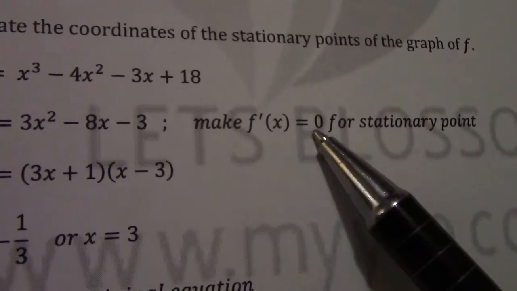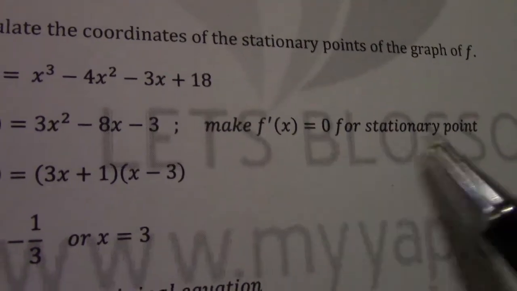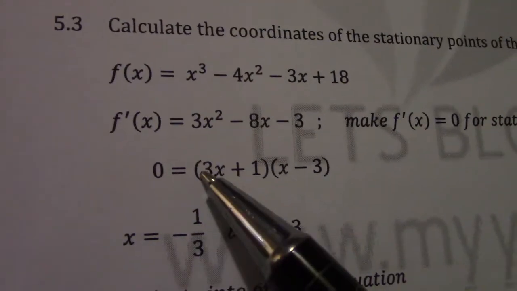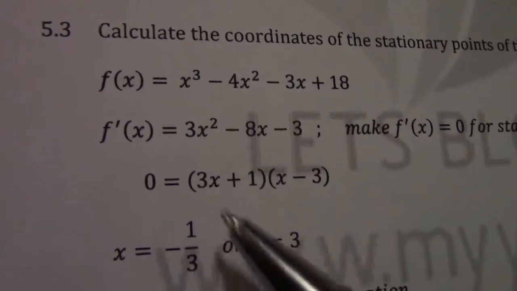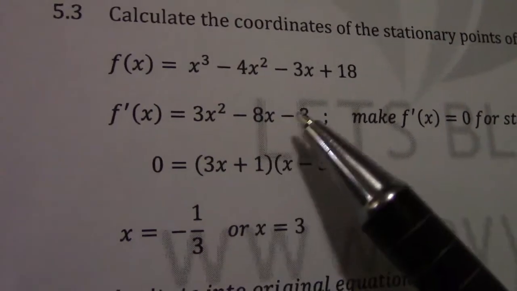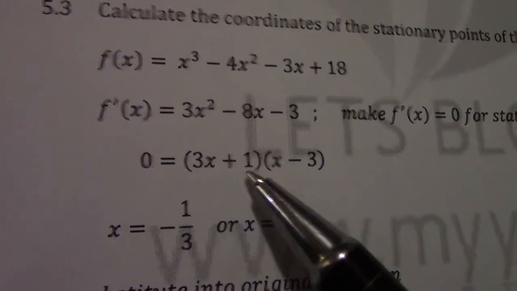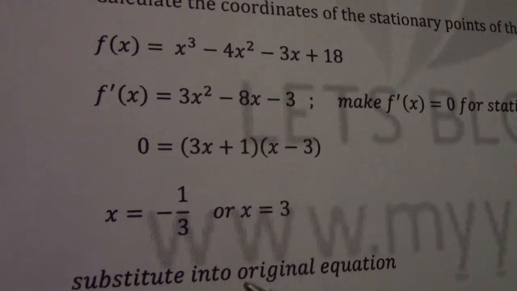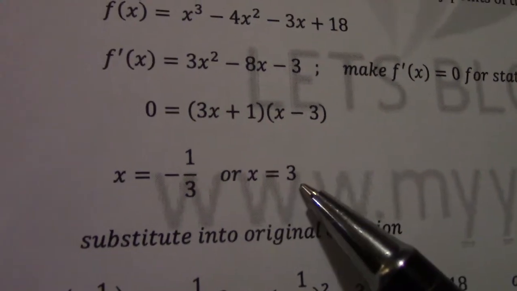Then we make the first derivative equal to 0 for my stationary points. Factorizing, 0 equals 3x plus 1 times x minus 3. So I have x equal minus 1 over 3 or x equal to 3.